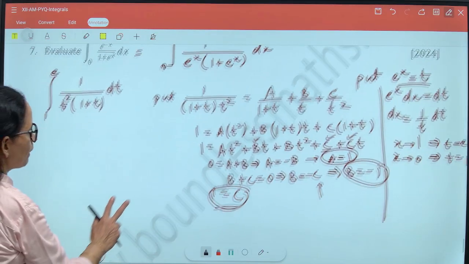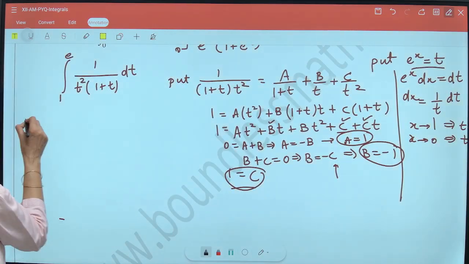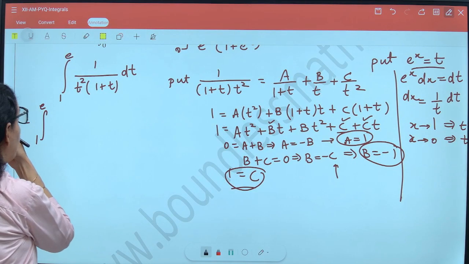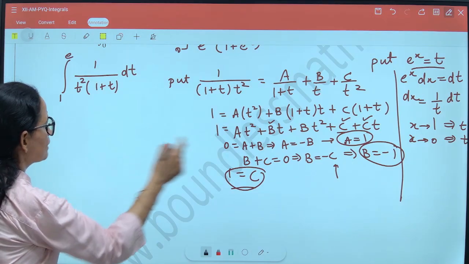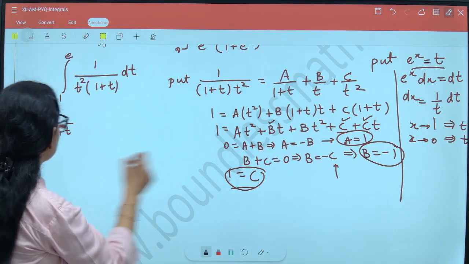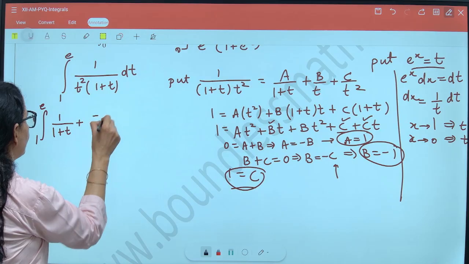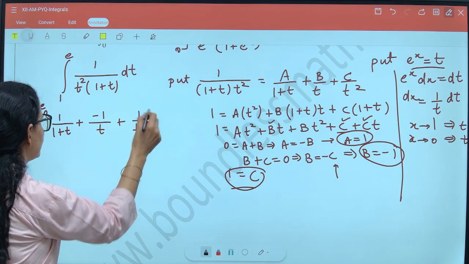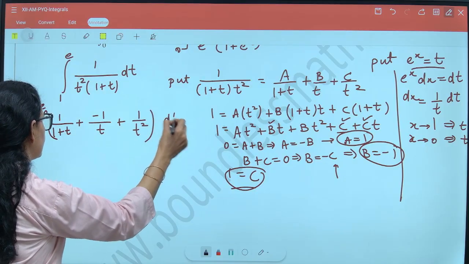So now we have the partial fractions ready. Let's solve it further. Integral from 1 to e. This expression can be written as A is 1, so 1 upon (1 plus t). B is minus 1, so it is minus 1 upon t, and then C is also 1, so 1 upon t square, and you integrate this.